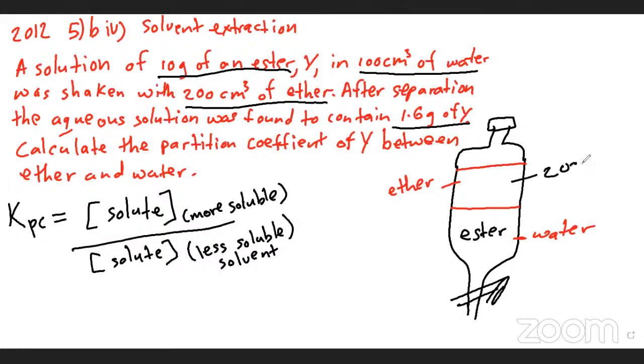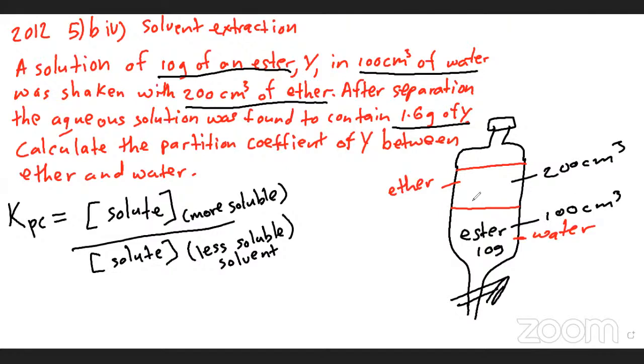So 200 cm cube of ether, and you have 100 cm cube of the water, when you start out with 10 grams of ester in 100 cm cube of the water.